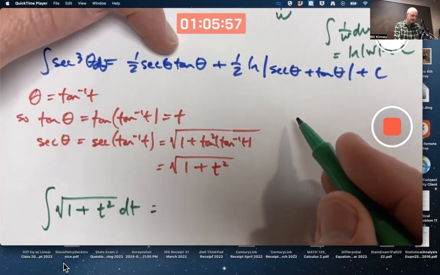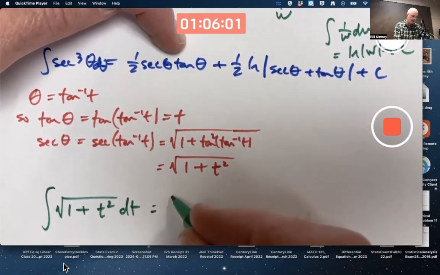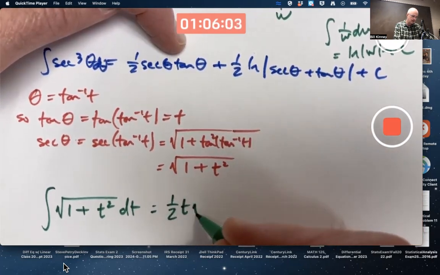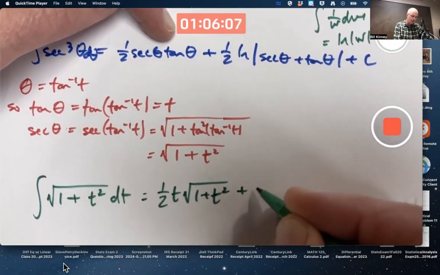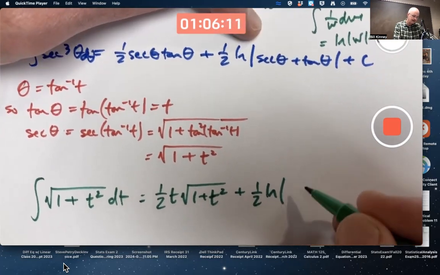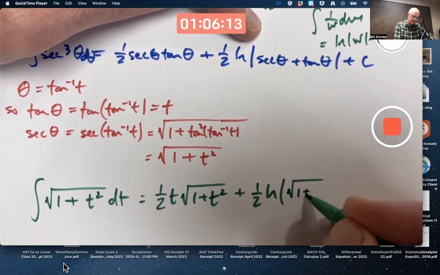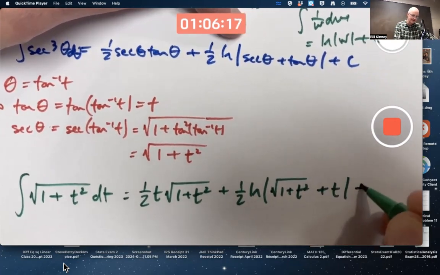It's all this, but secant theta gets replaced by the square root and tangent theta gets replaced by t. So we get 1/2 t square root of 1 plus t squared plus 1/2 ln of square root of 1 plus t squared plus t plus C.